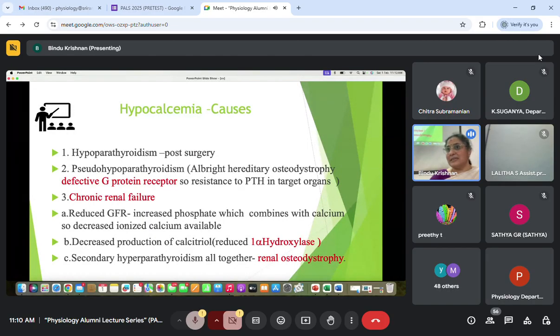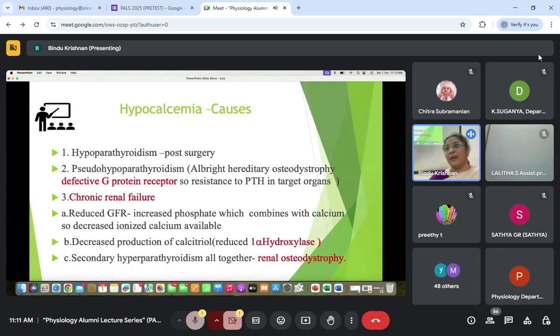Second, whenever there is CKD, the formation of 1-alpha hydroxylase gets affected. If 1-alpha hydroxylase is not formed, then I don't have active vitamin D, so no active vitamin D to cause intestinal and renal reabsorption of calcium and phosphate.